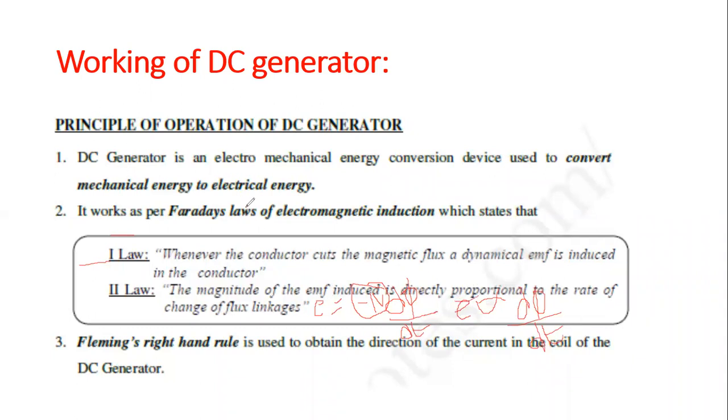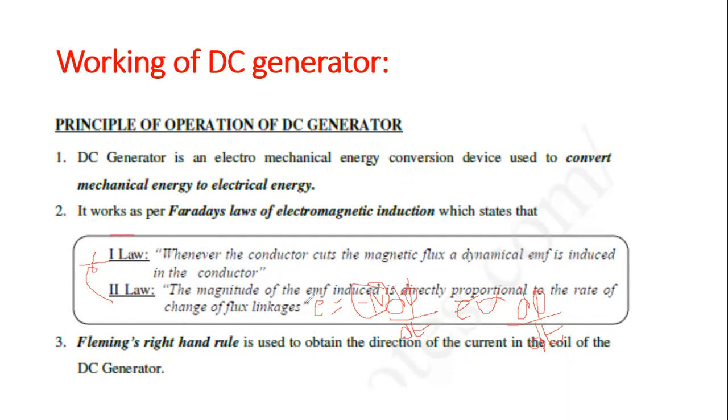Totally, Faraday's laws consist of two parts, the first law and the second law. What is the first law? Whenever the conductor cuts the flux lines, an EMF is induced. What is the second law?